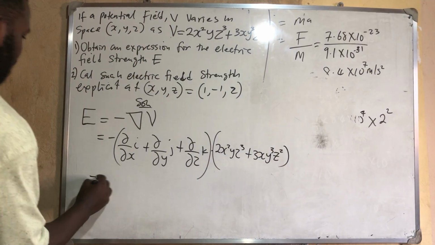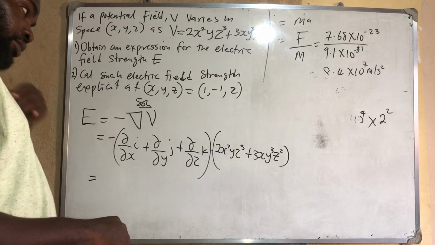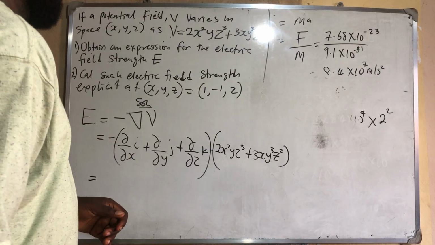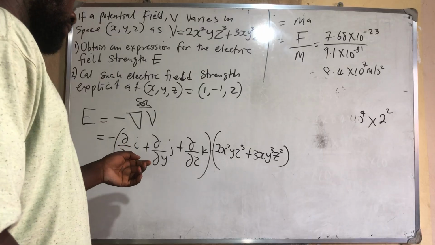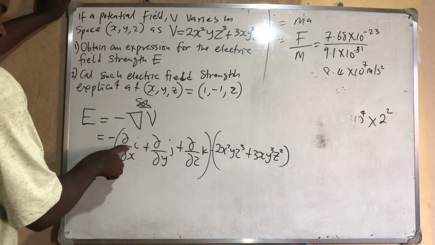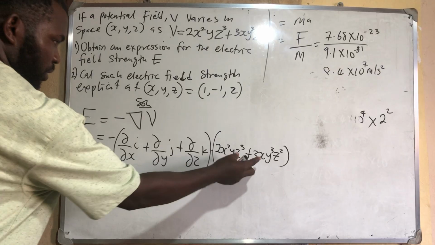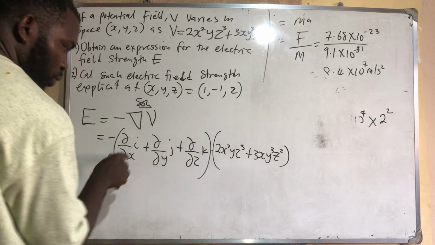All right. So now, don't forget that this is a scalar multiplying a vector. When a scalar multiplies a vector, it gives us back a vector. So this now times this means we are differentiating this thing with respect to x.